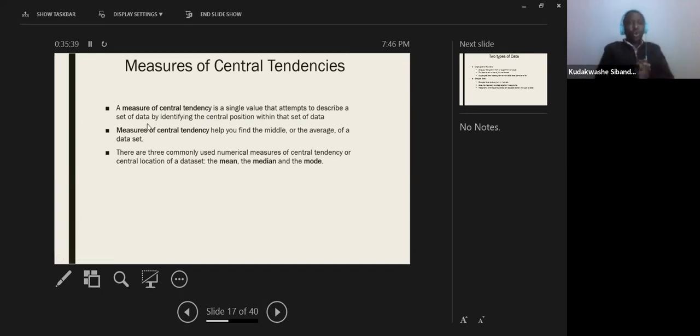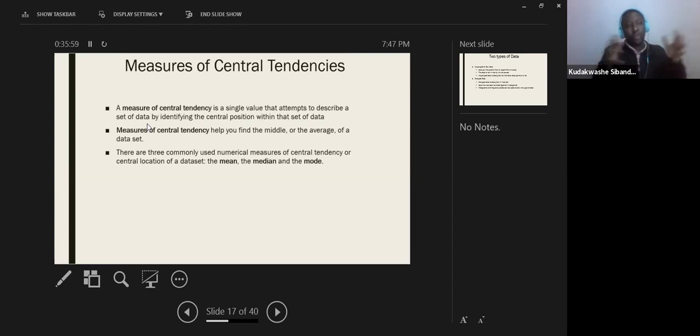Let me define what a measure of central tendency is. A measure of central tendency is a single value that attempts to describe a set of data by identifying the central position within that set of data.